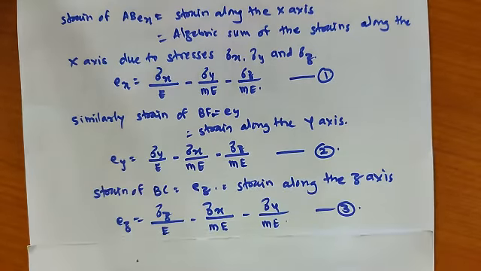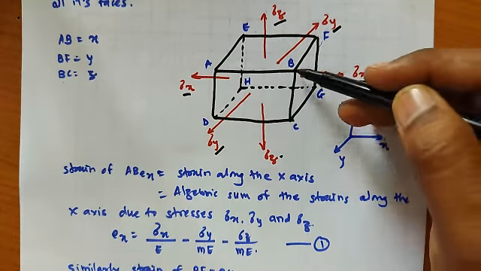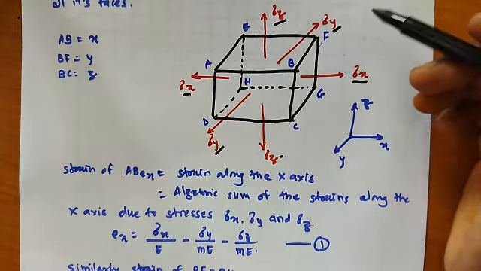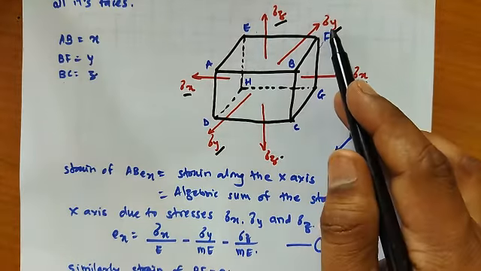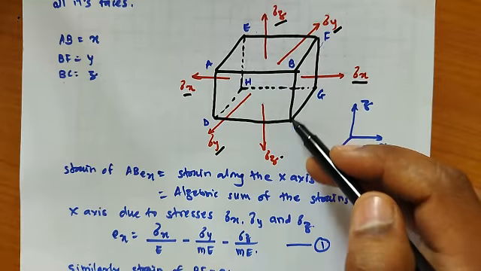Now next, similarly, we will see the strain of BC. This distance BC is available in the z direction. So in the z direction, when you consider sigma z, there will be elongation in BC. But if you consider sigma x and sigma y, there is a reduction in the dimension of BC.